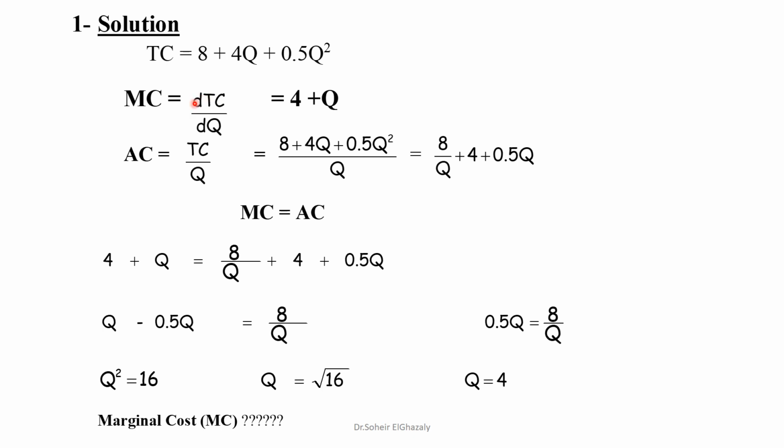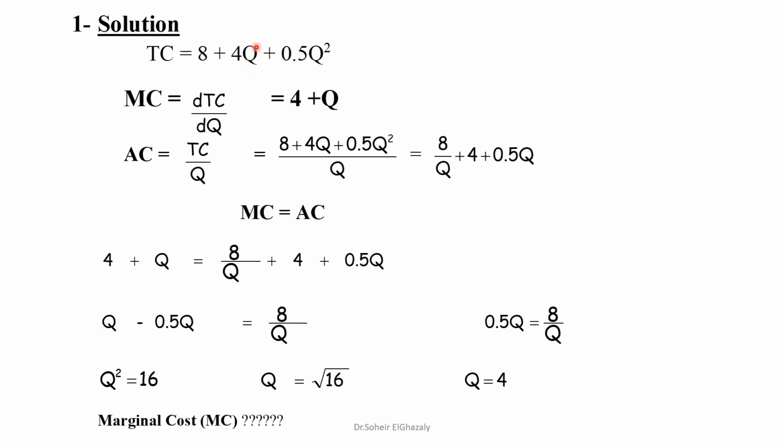Remember, we said change in total cost over the change in quantity, and I said that change means you have to take the first derivative of total cost with respect to Q. Let's do the first derivative here with respect to Q. Any Q's here? No Q's, so I'm not going to look at it. But we have to look at the sign because there's a Q here, which is positive.